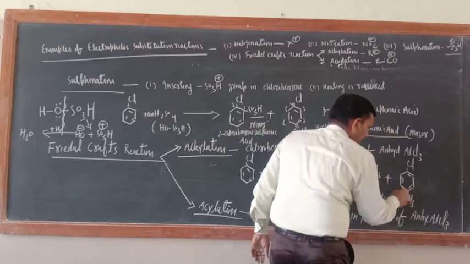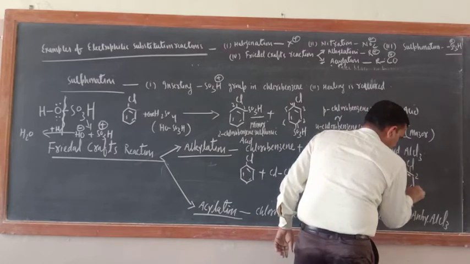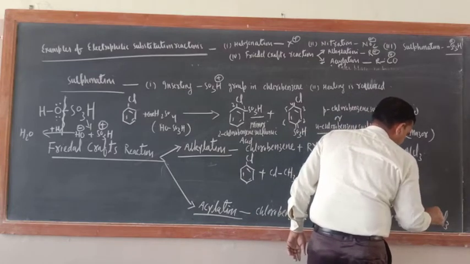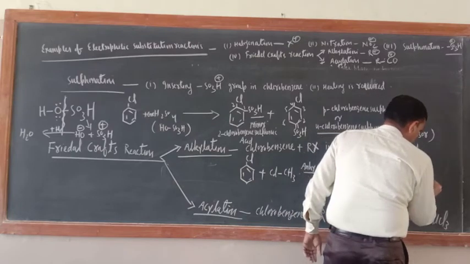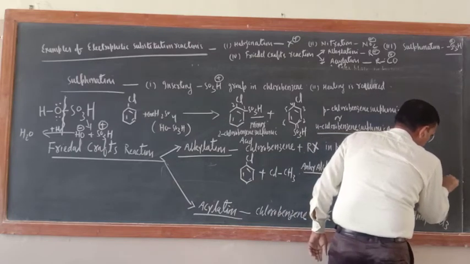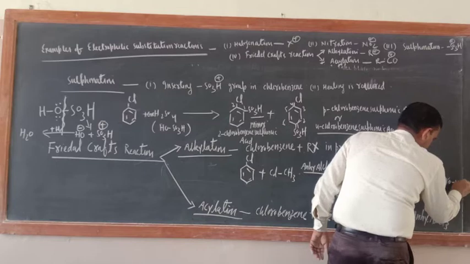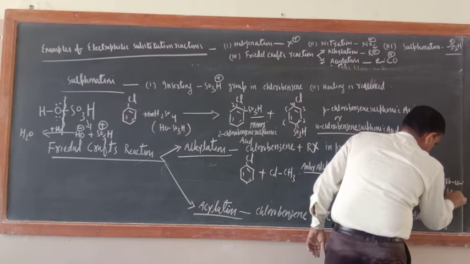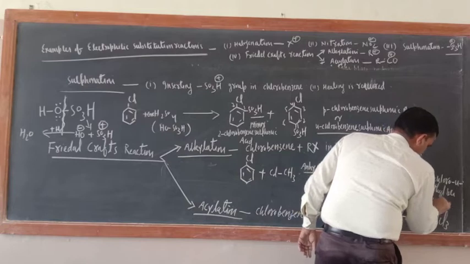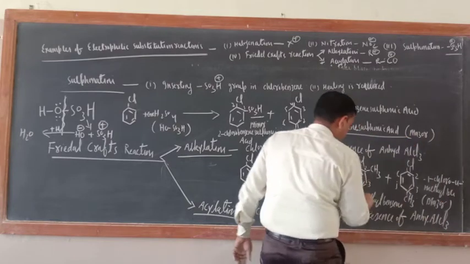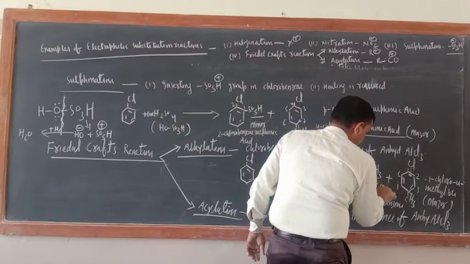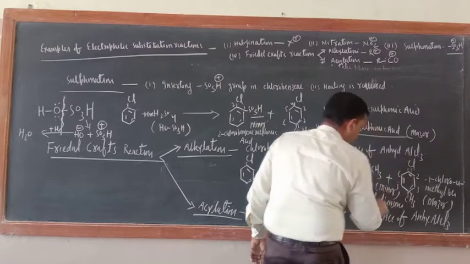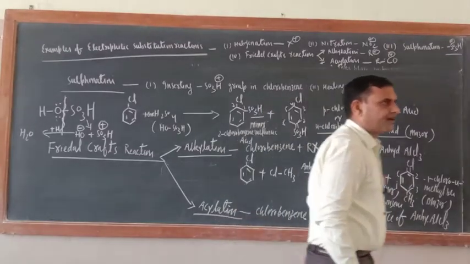And what is the name of this one? 1 2 3 4 5 6, 1-chloro-4-methylbenzene. This is the major product. What about this one? This is the minor product.